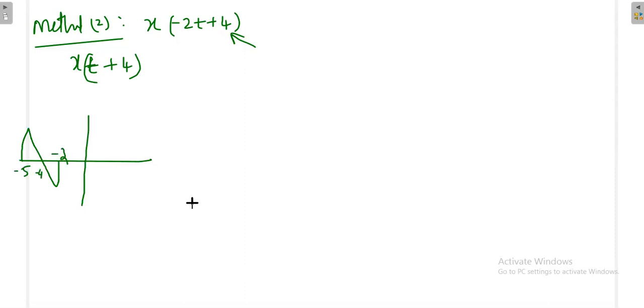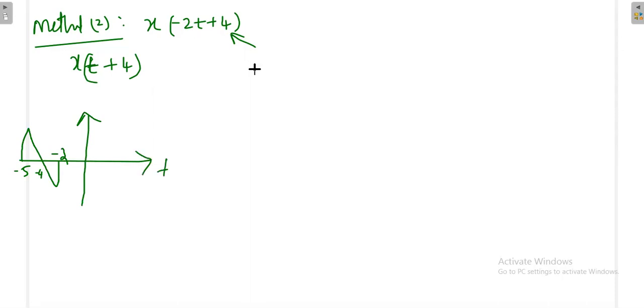Then from x of t plus 4, I have to apply -2. Directly I cannot apply this -2. So already I have calculated x of t plus 4. Now first I will apply 2.